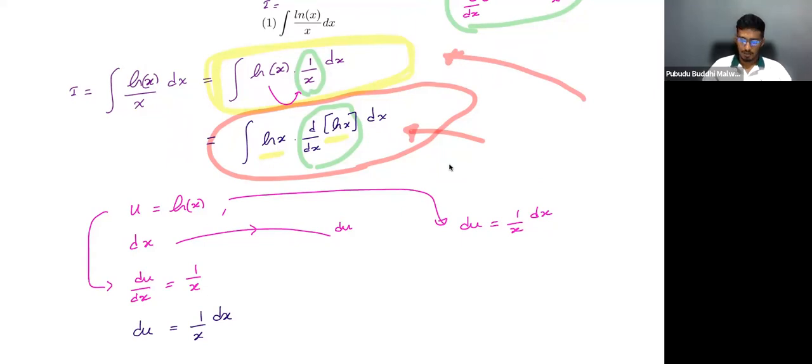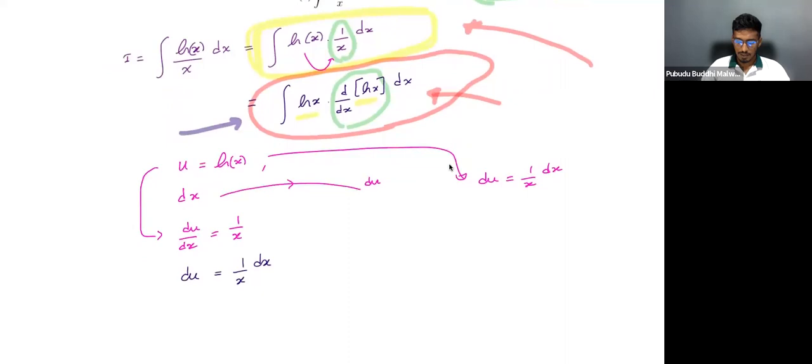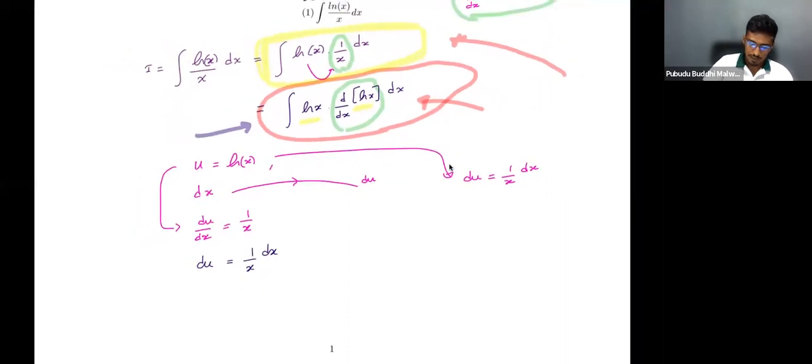Right? So my advice is that creating a form like this helps us to find the correct substitution. After that, we can use that u substitution for this yellow colored part.